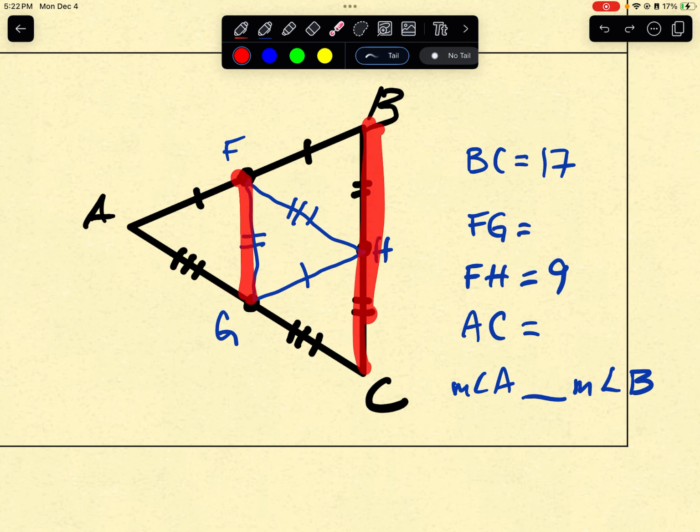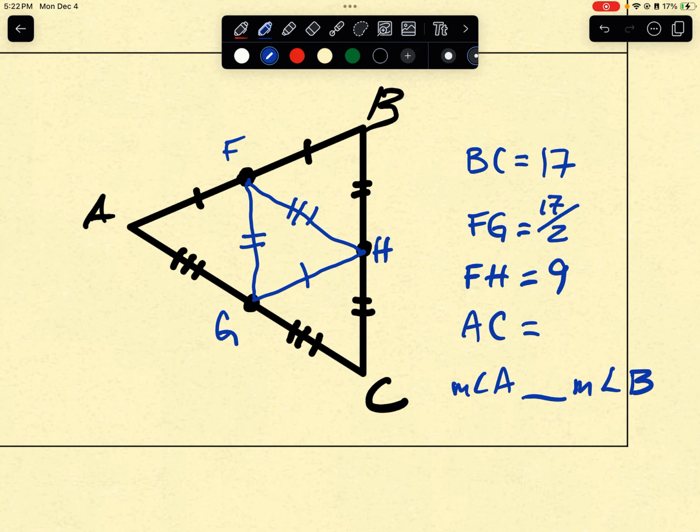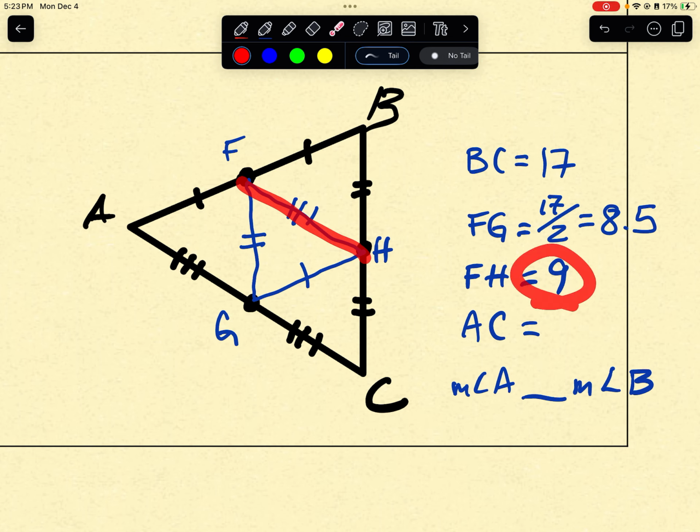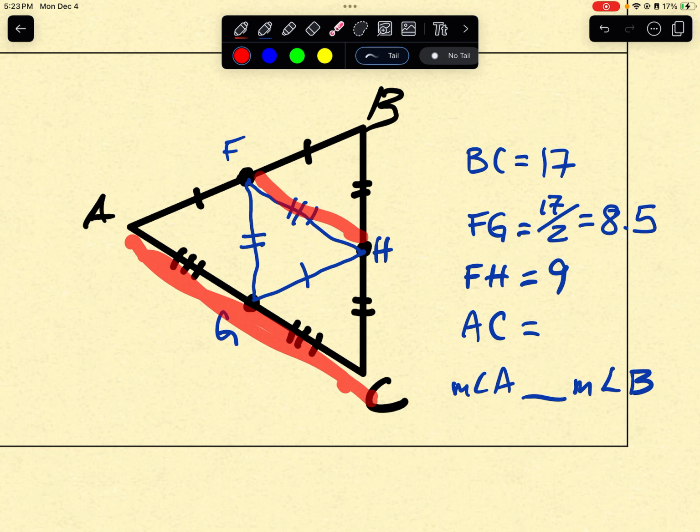Well, we clearly see now that I would have to take 17 and divide it by 2. 8.5. If I told you FH is 9, how long is AC? Oh, I got to double it this time. So we get 18.